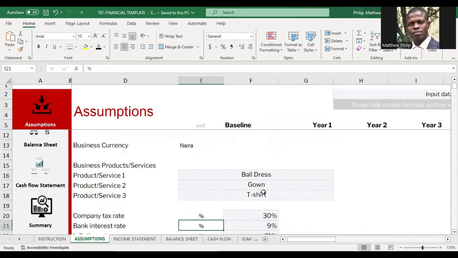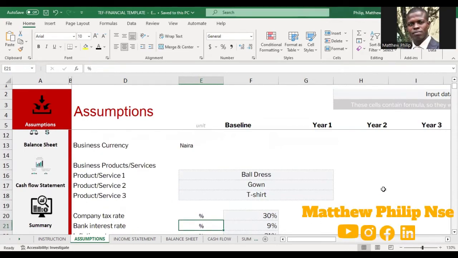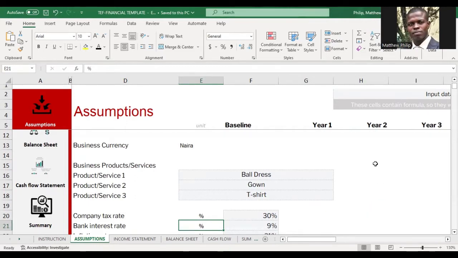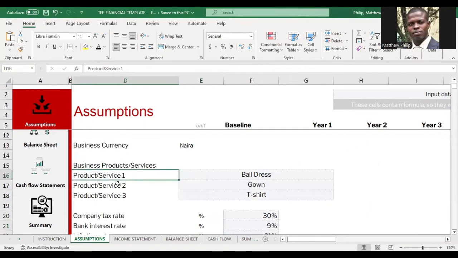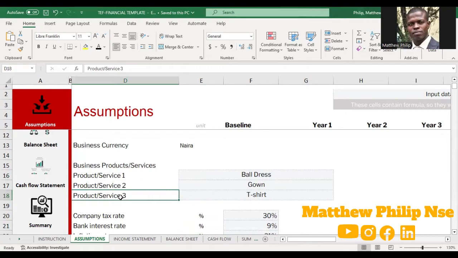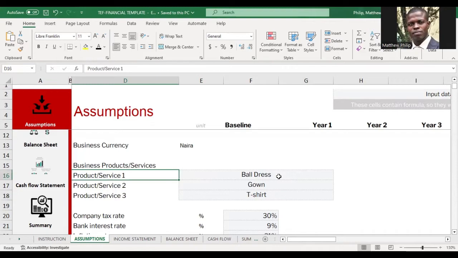What I did here is that I used information for a fashion business to prepare this financial template. You just have to tweak it to your own business industry. There are three products, so you are to provide at most three products or services in this financial template. Product 1 for this business is ball dress.